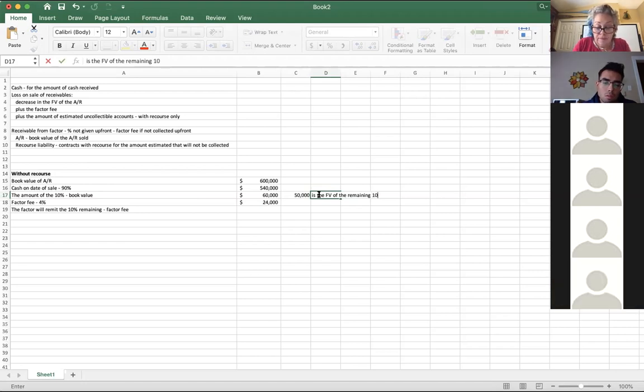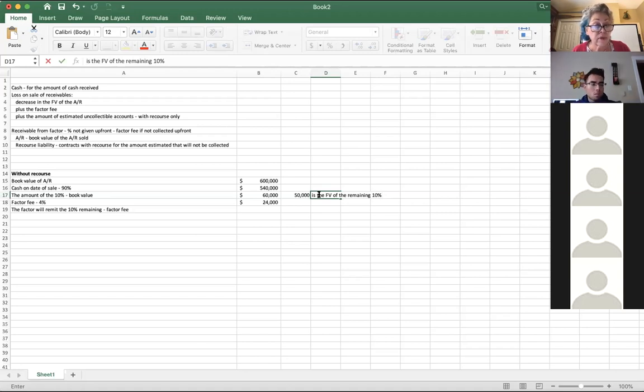This is given in the book? Yeah. On page 365, it says the 10%, which management estimates to equal 50,000.